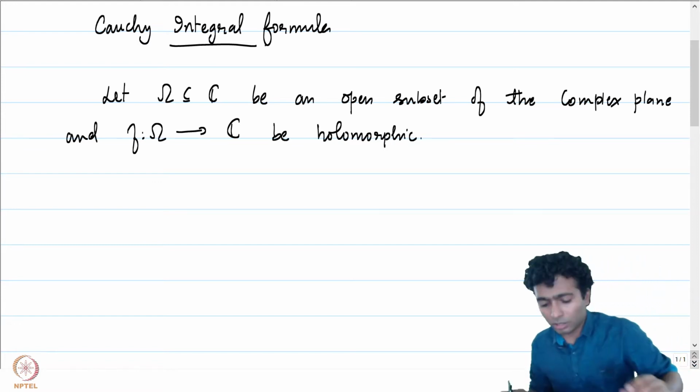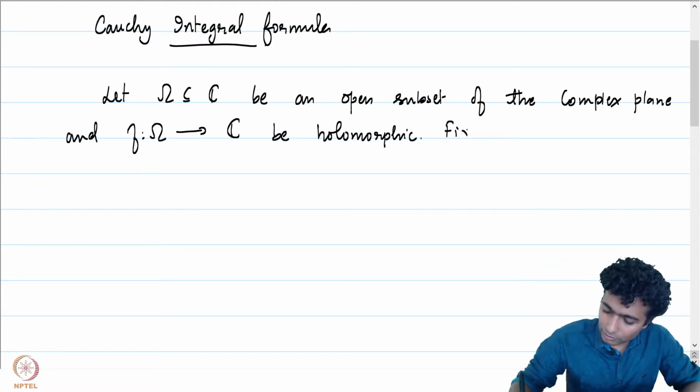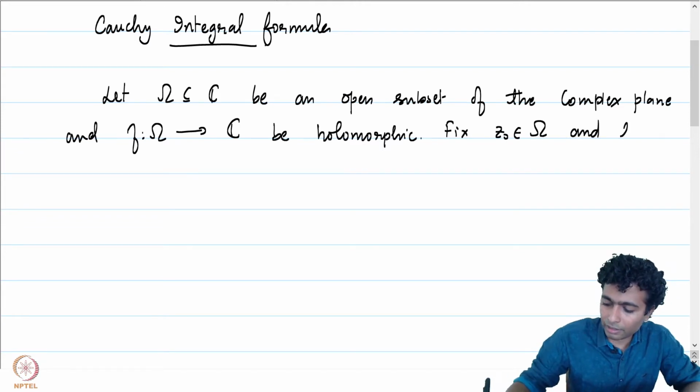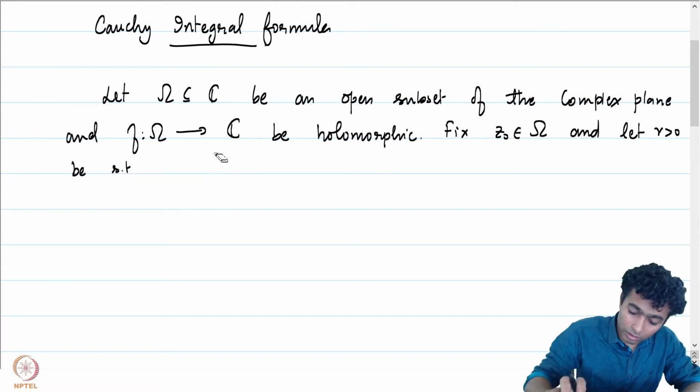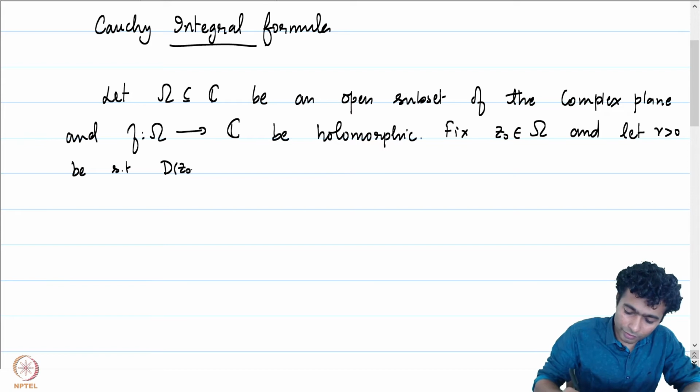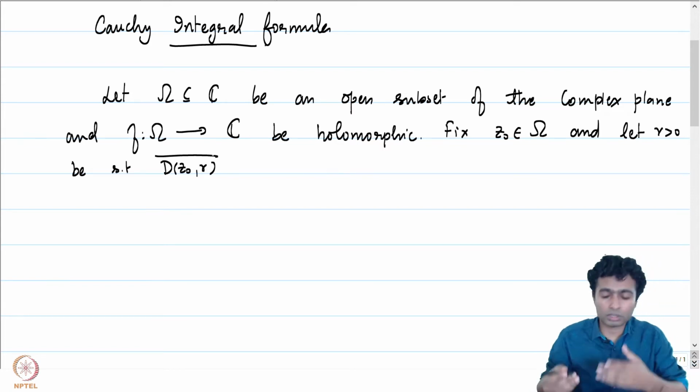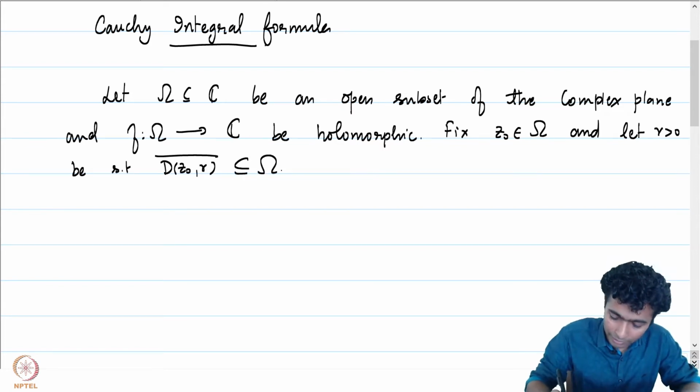Fix a point z0 in omega, and let r positive be such that the closure of the disk of radius r around z0 is contained in omega.